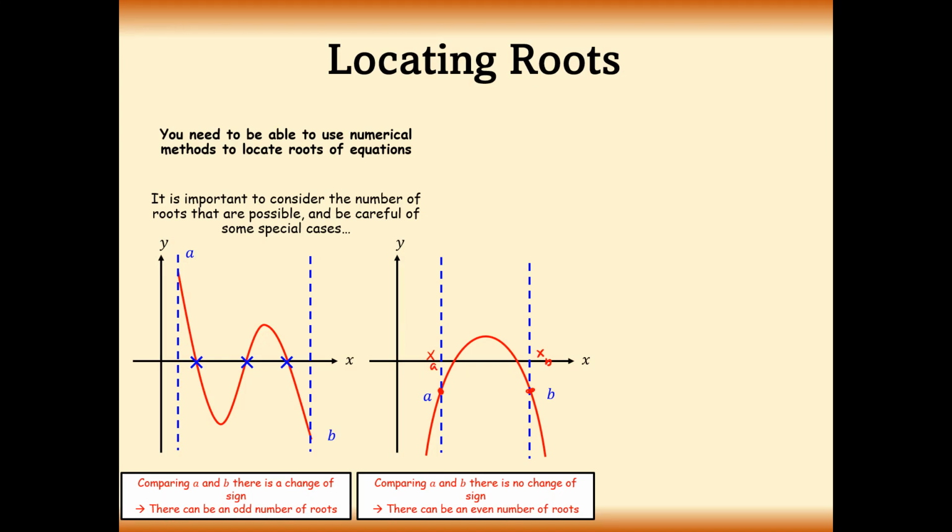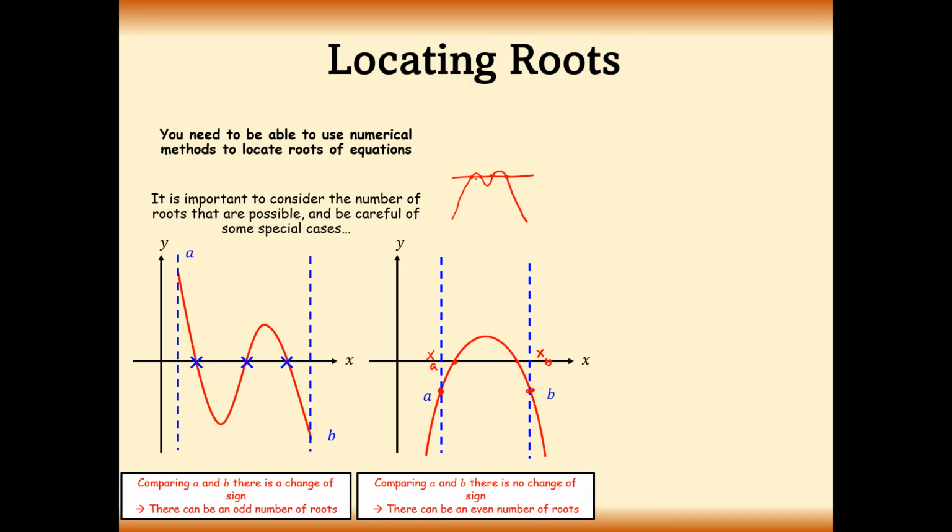So what we are generalizing is that when we have no change of sign, we may in fact have an even number of roots. We may have two, we may have four roots, or we may get six roots.